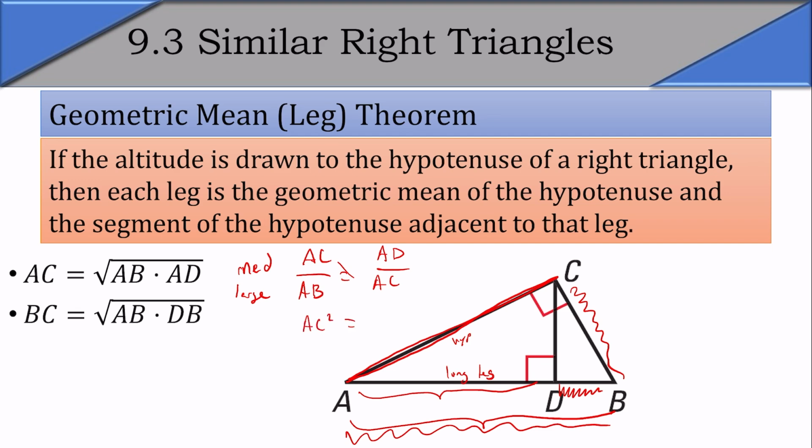Cross multiply and square root. So you can solve these either just using similar triangles, which is fine, or these shortcut theorems.